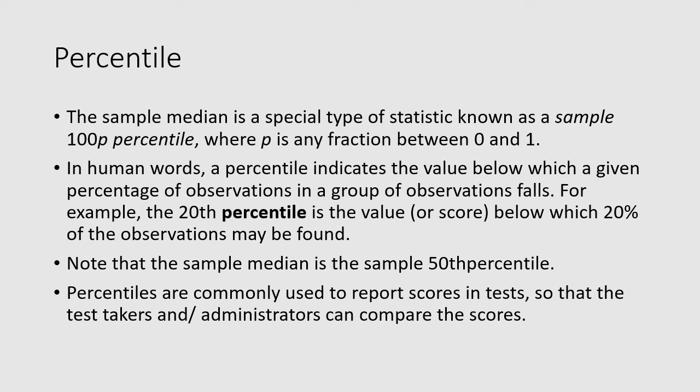For example, the 20th percentile is the value or score below which 20% of the observations may be found. If you say the 30th percentile, that means there are values below which 30% of the observations may be found, and the rest of the data set, which is 70%, are found above the 30th percentile, equal or greater than the 30th percentile.